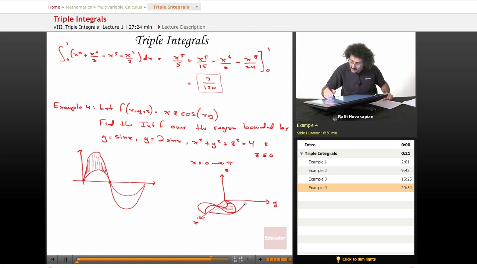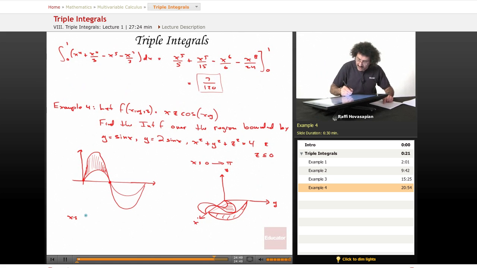It's a little weird, I know. I'm not doing a very good job drawing it, but you know what's happening. It's basically this region, everything below the xy plane touching the sphere x squared plus y squared plus z squared equals 4.